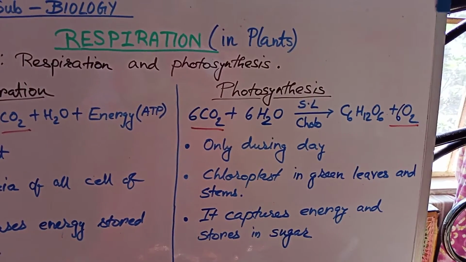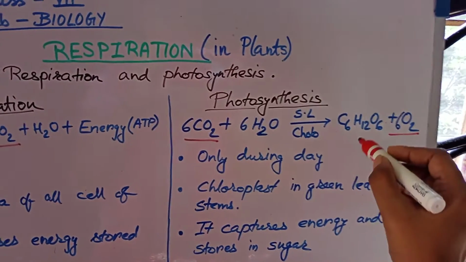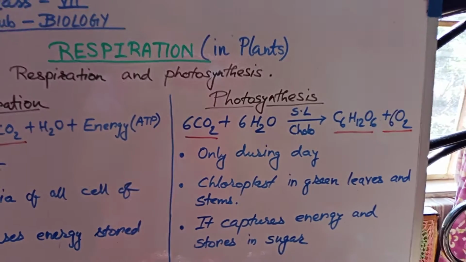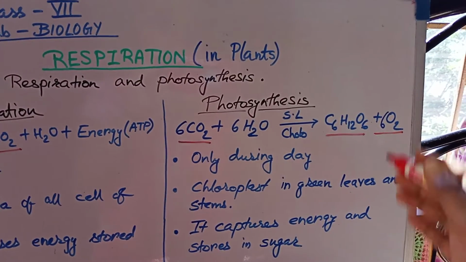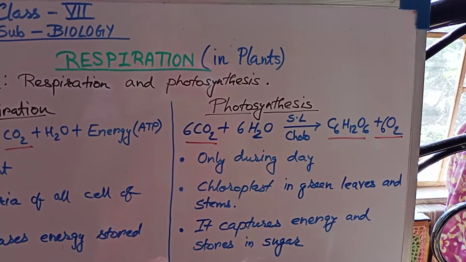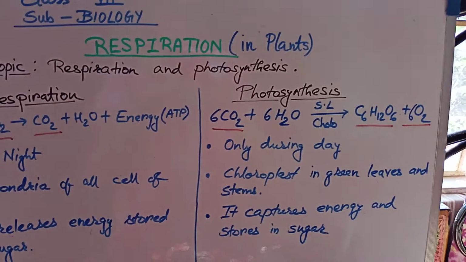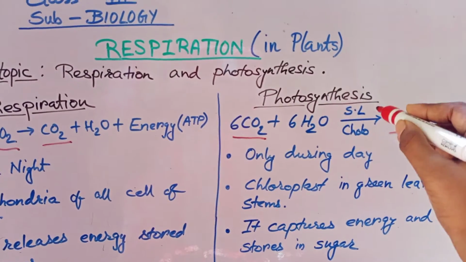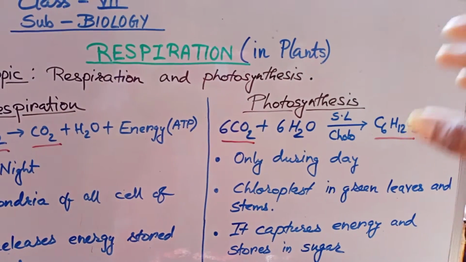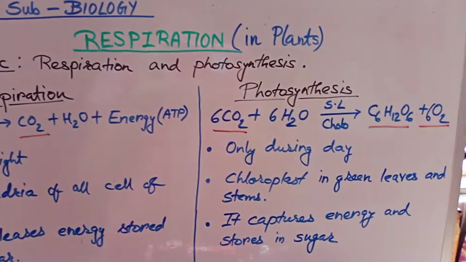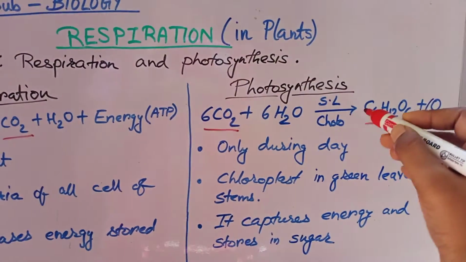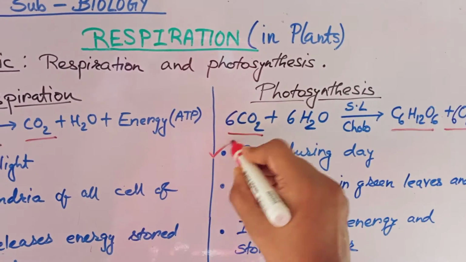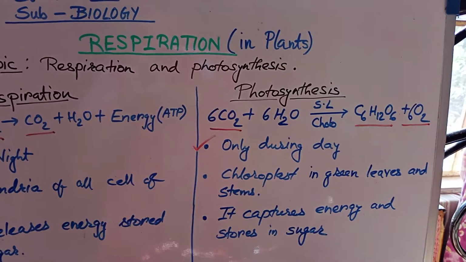In this process, food is produced in the form of glucose or carbohydrate, and oxygen is released to the atmosphere. Since this process occurs only in the presence of sunlight, the two most important things necessary are sunlight and chlorophyll. So this process occurs only during the daytime.